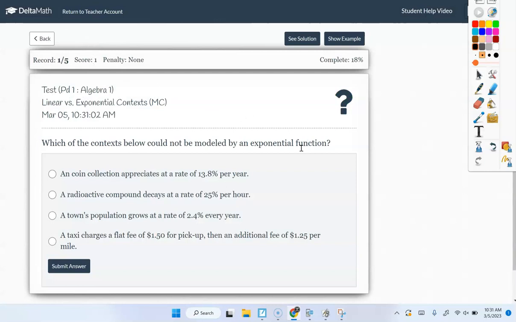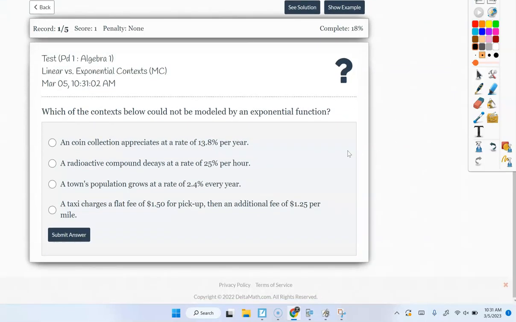A reminder to you that exponential patterns have fractions or percentages. Which of the contexts below could not be modeled by an exponential function? This is appreciating by a percentage, that is exponential. This is decaying by a percentage, that is exponential.